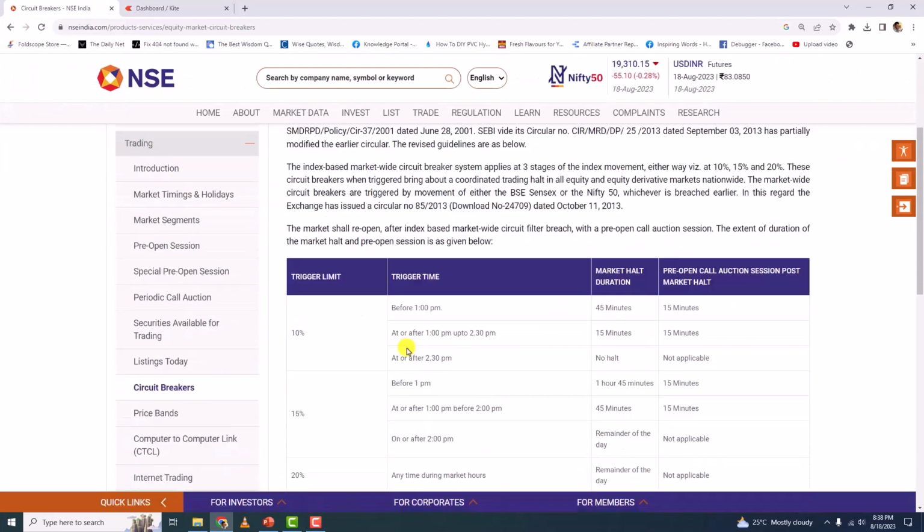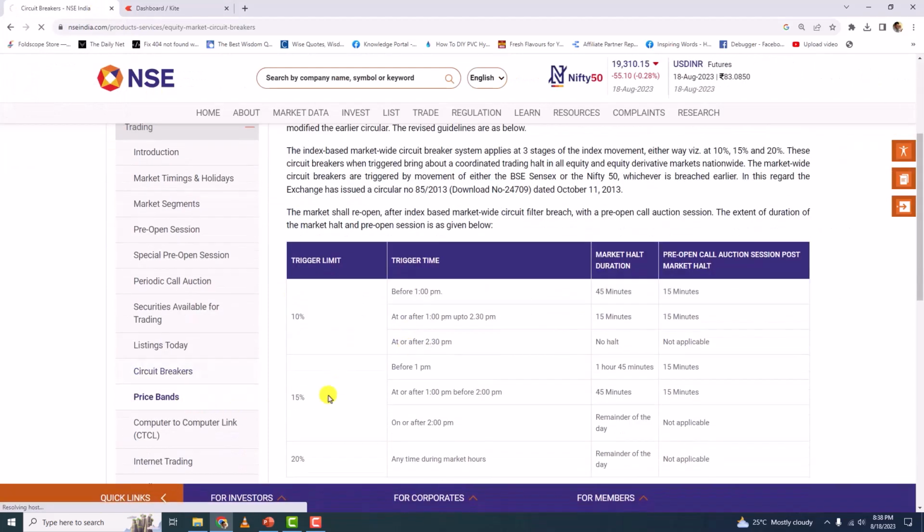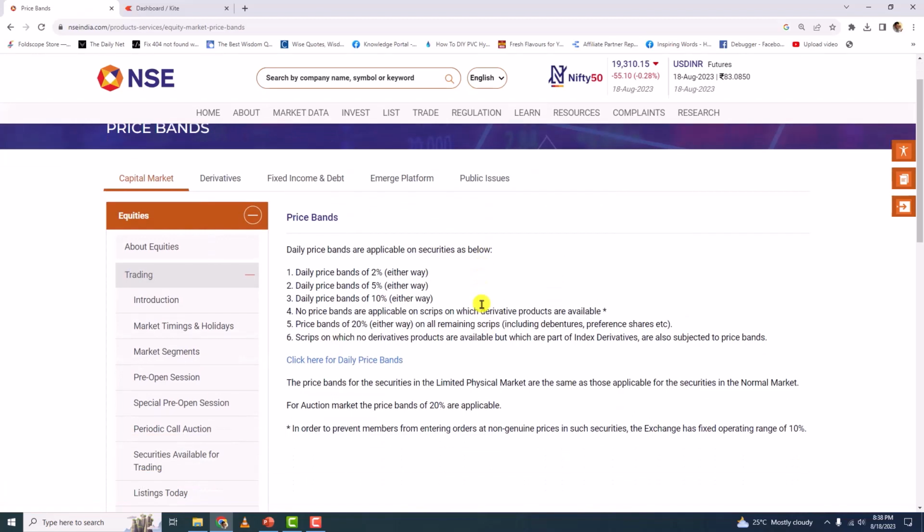So let me click on price bands. Okay, price bands. So stocks have 2%, 5%, 10% and 20% trigger limits. Now big companies have 20% and small companies have 10, 5, 2%.